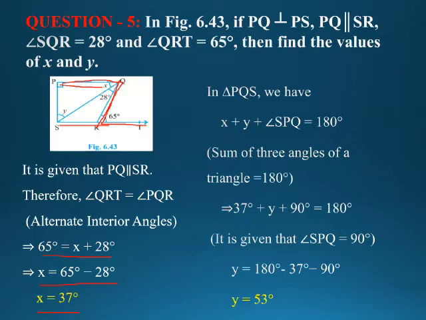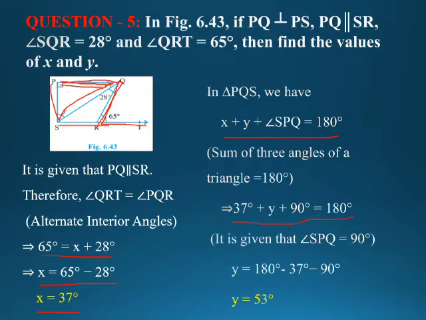Next we can take triangle PQS. So X plus Y plus angle SPQ equals 180 degrees. The sum of angles of a triangle is 180 degrees. So 37 degrees plus Y plus 90 degrees equals 180 degrees.